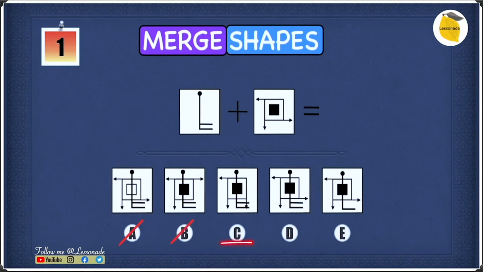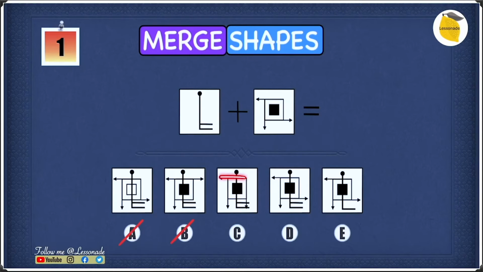So now let's move to C. Let's do the same thing once again. Let's start with shape 1. We have the circle at the top, line coming downwards, 2 lines towards the right, just like shape 1. So shape 1 is fine. Let's move into shape 2. We have the square on the outside, the square on the inside, and it has been shaded in black. Now let's move to arrows.